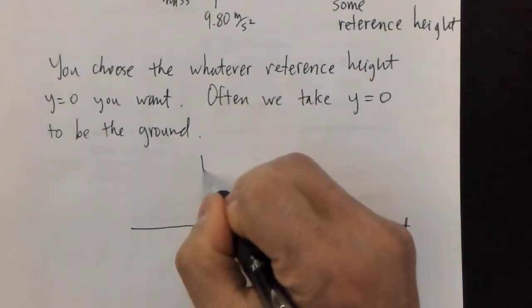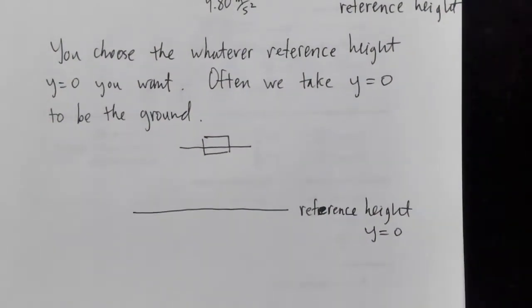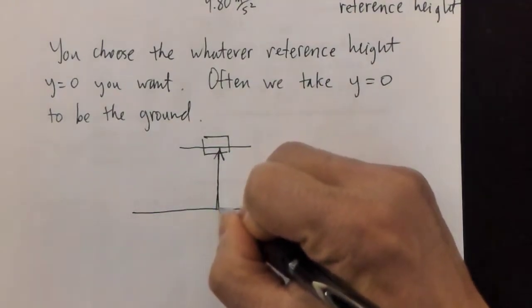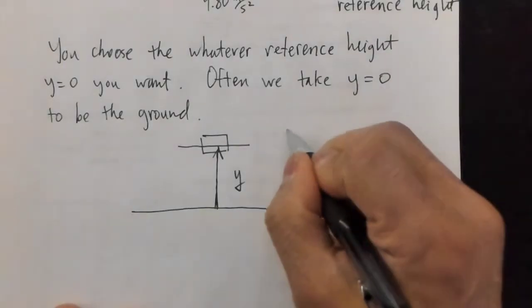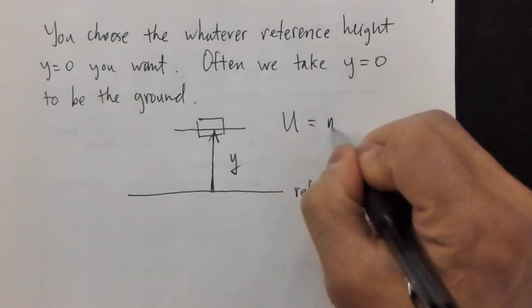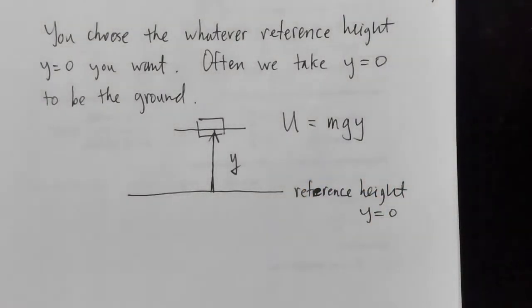If we have an object somewhere up here at some height like this, then we measure this vertical distance. That will be our y. And then the gravitational potential energy will be m times g times y. Okay, any questions about this?